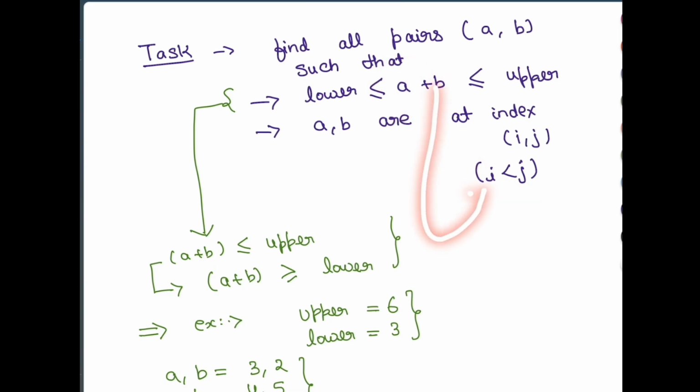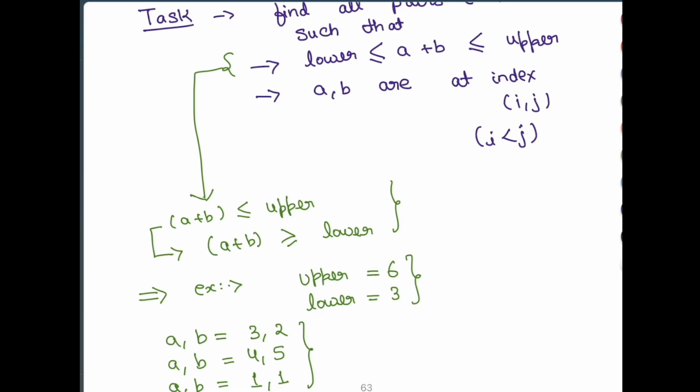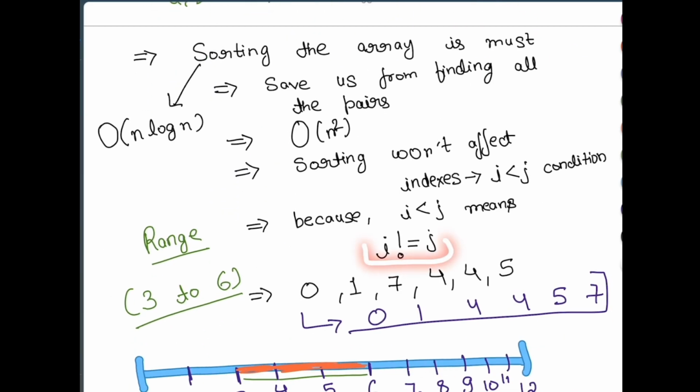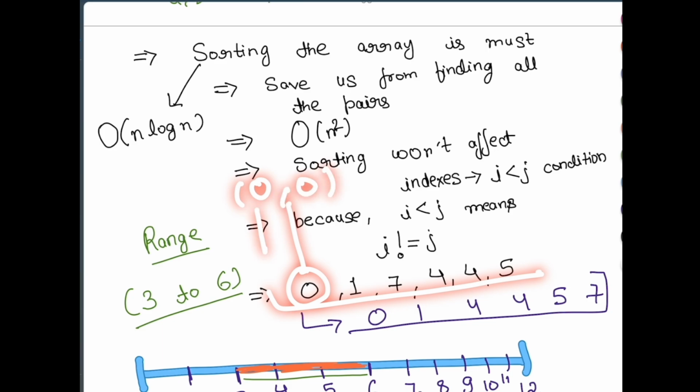Even the number b can be index i and number a can be index j, and that is completely valid. The important thing to understand is that i less than j just means that i should not be equal to j. That is, you cannot take the same number and form a pair. If this is an array, you cannot say I'm going to form a pair from this 0, 0. Here i is equal to 0 and j is equal to 0. That is, the indexes are the same.